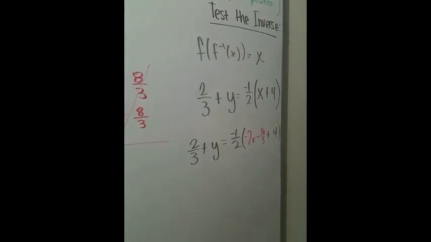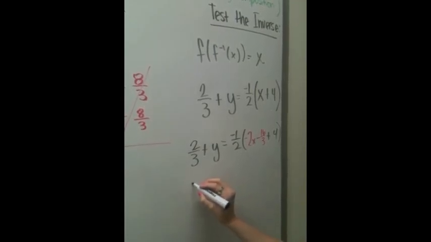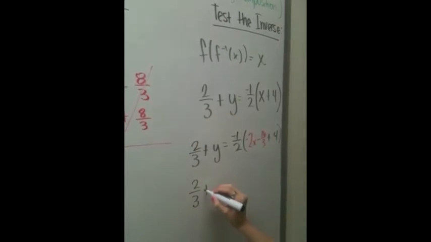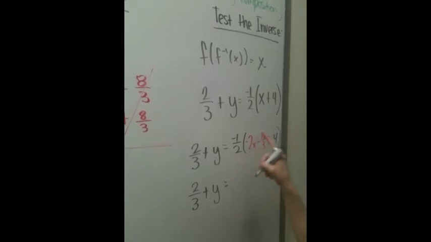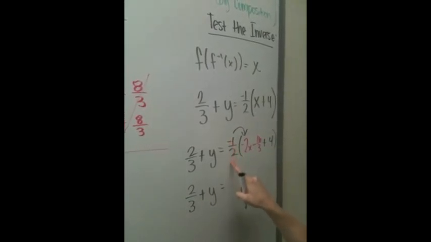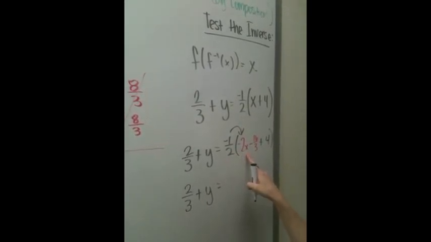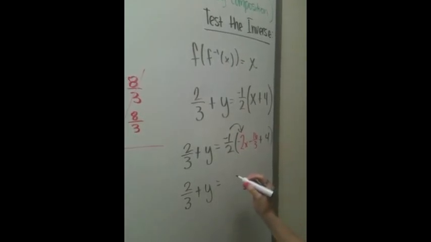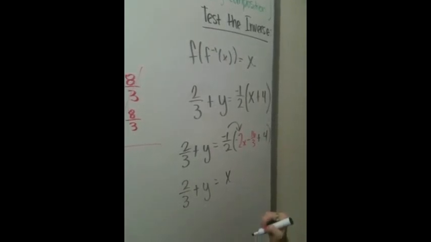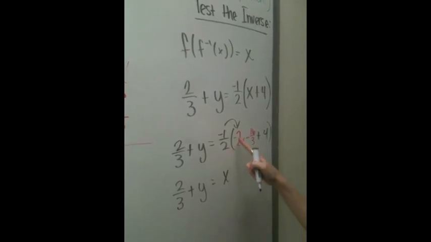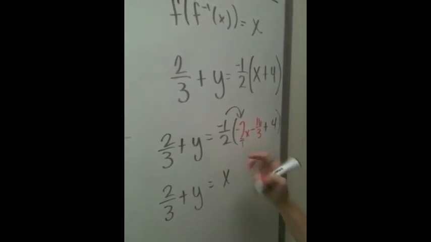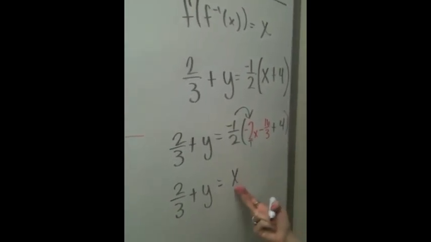Now I need to simplify this out. See if we get x left. I'm going to distribute negative 1/2 times a negative 2x. You can check me on this, but that will give you a positive x, because negative 1/2 times negative 2 over 1, those are reciprocals, right? Yep. So that gives you a positive 1.